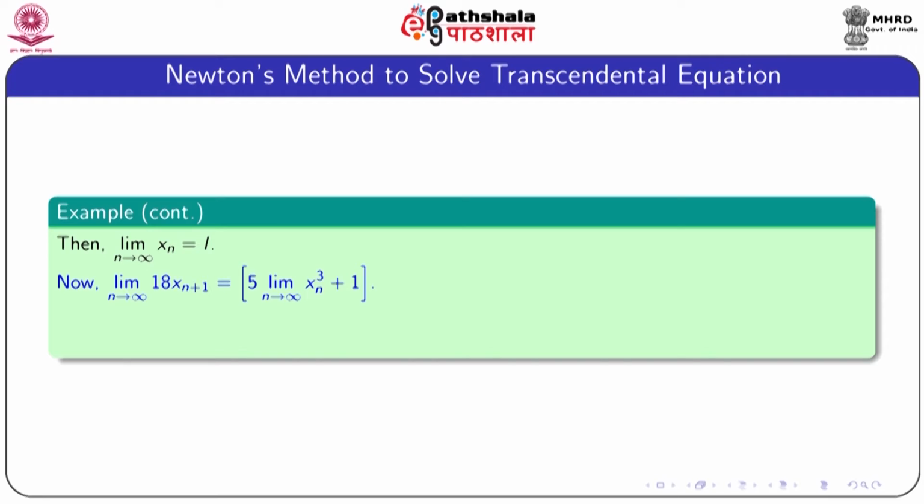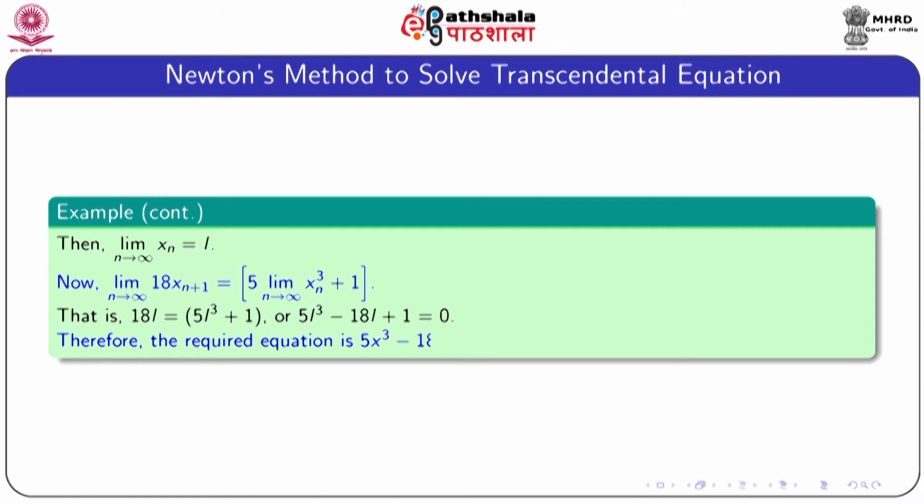Therefore, from the given iteration scheme, we can write limit n tends to infinity of 18 into x(n+1) equal to 5 into limit n tends to infinity xn cube plus 1, or it reduces to 18 into L equal to 5 into L cube plus 1, or after simplification it is 5 L cube minus 18 L plus 1 equal to 0. Therefore, the required equation is 5 into x cube minus 18x plus 1 equal to 0. That means the function f(x) is equal to 5x cube minus 18x plus 1.